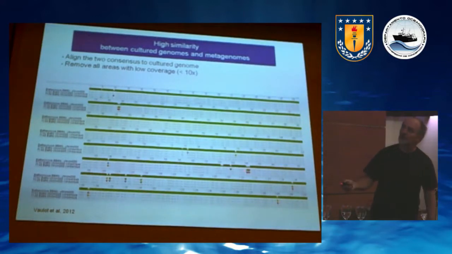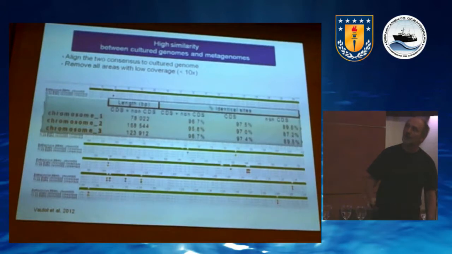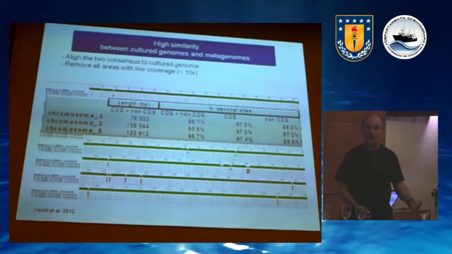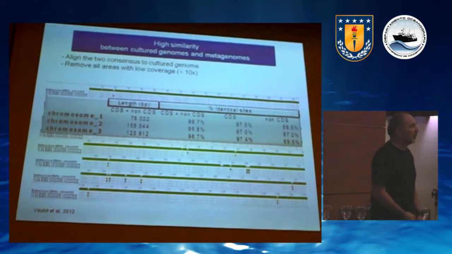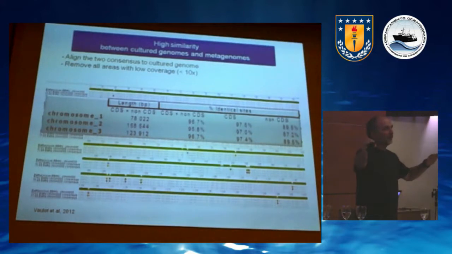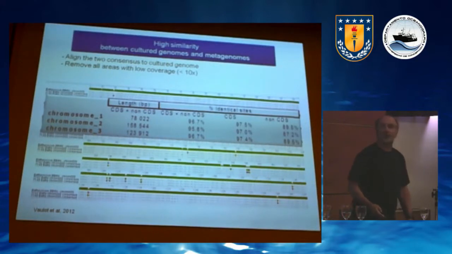And what was amazing, and you can see this here already, is the conservation. We found that between the culture strain and the metagenome, at the DNA level, we have 95 to 96% conservation. So the culture and the metagenome from the ocean are very, very similar, incredibly similar, actually.